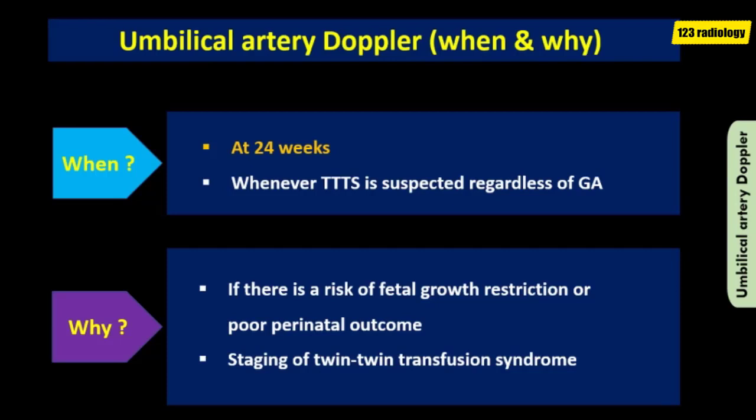However, in twin-twin transfusion syndrome, Doppler ultrasound of the umbilical artery is performed whenever the diagnosis is suspected, regardless of gestational age. Doppler study of the umbilical arteries is used to manage fetal growth restriction and to stage twin-twin transfusion syndrome.